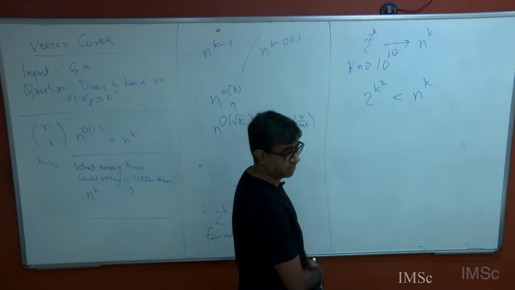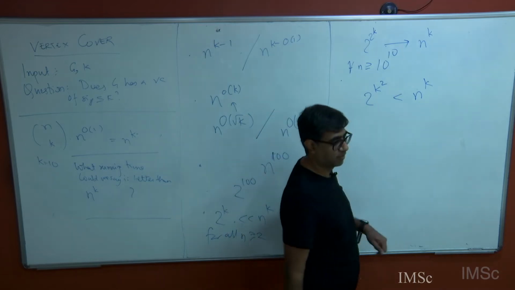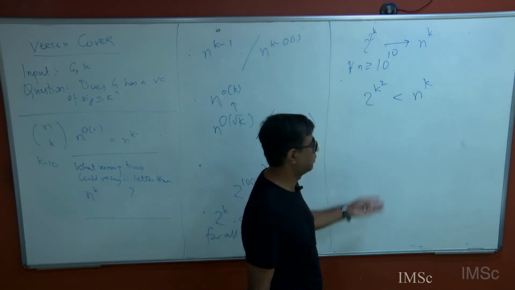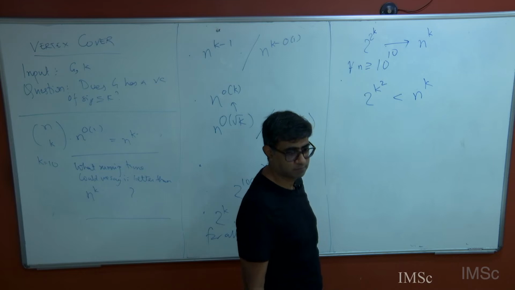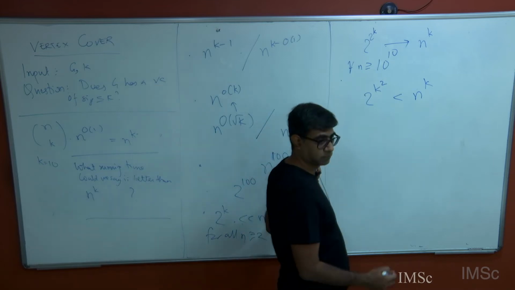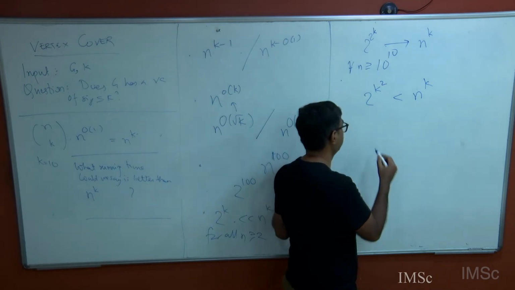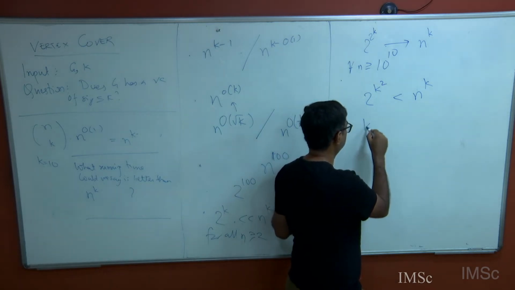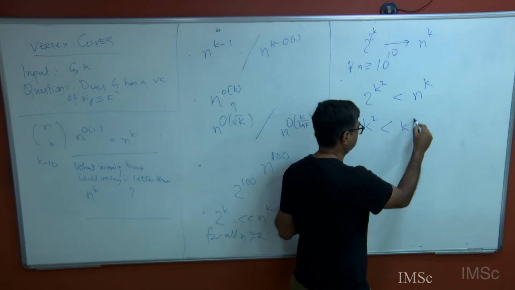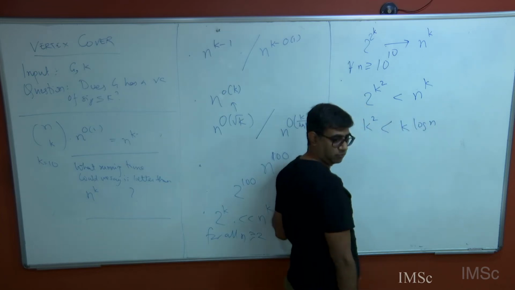It's just a function, right? There's a function which is 2 power k square, there's a function which is n to the power k, and I'm claiming all the time that this is better than this. I take logarithm, okay? K square on the left should be less than or equal to k into log n.